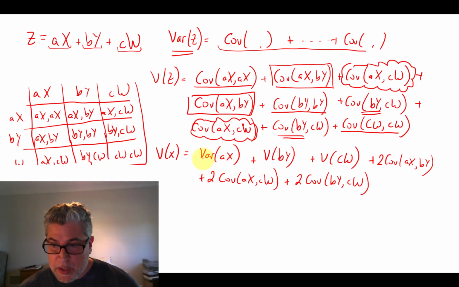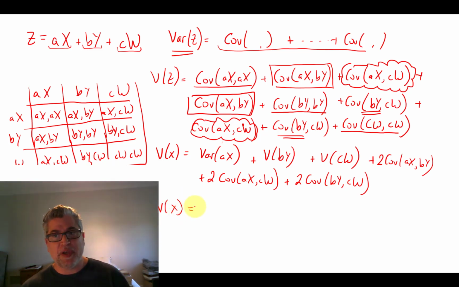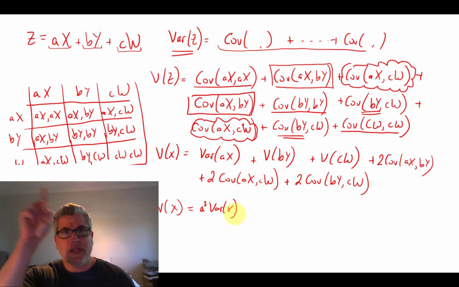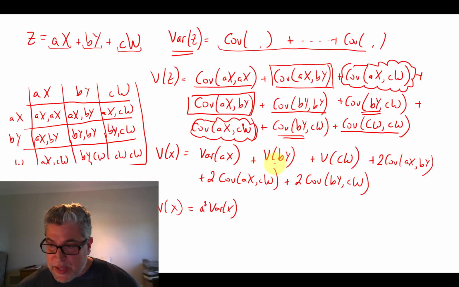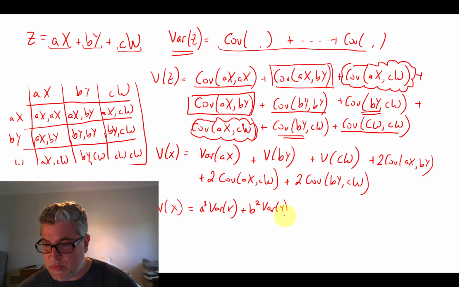Now we just need to pull out all of our constants. So you'll remember from a previous video that the variance of ax is a squared, the variance of x. If you don't remember that, there should be a link somewhere up on top. Be sure to click on that. We've got to pull out this b. So we have b squared, the variance of y. c squared, the variance of w.